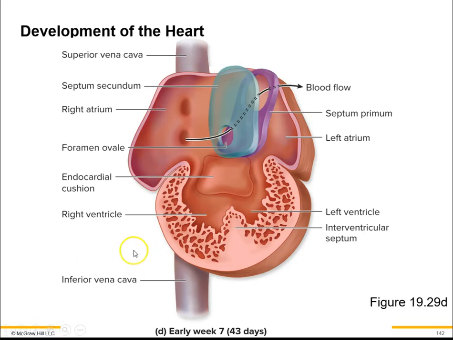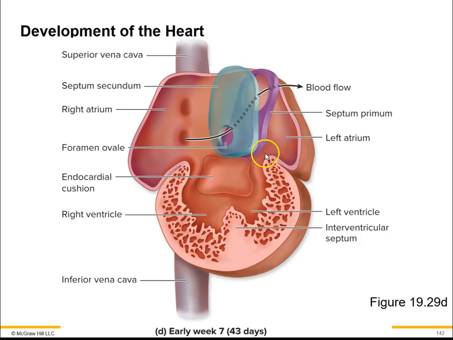Now, when you're born and you take your first breath and your lungs become functional, that pulmonary trunk opens up, gives way, lets blood through, and so the pressures change in your heart. So after birth, the pressure on the right side of your heart is lower than the pressure on the left side of your heart.